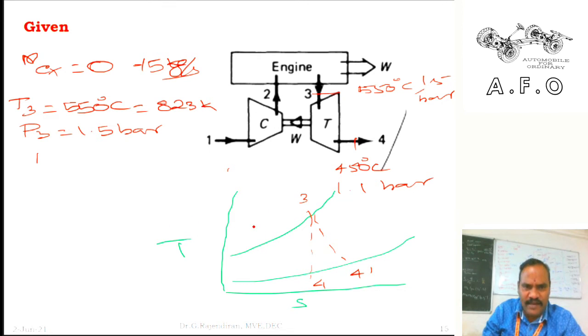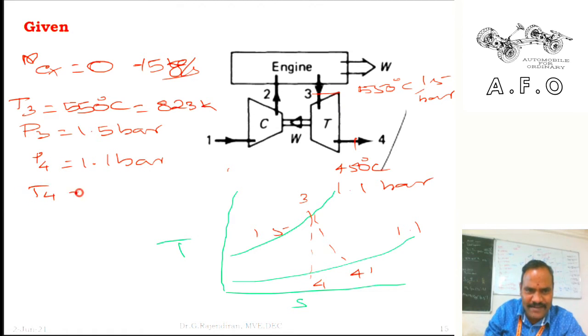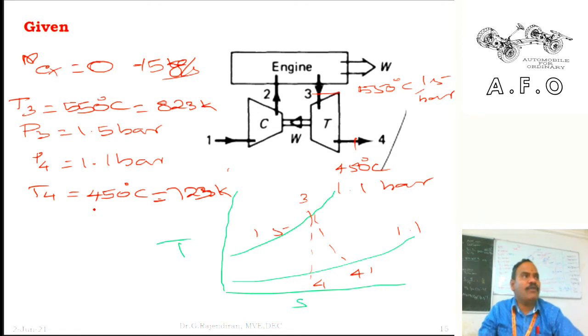This pressure line is 1.5, and this pressure line is 1.1. So P4 is equal to 1.1 bar and T4 dash is equal to 450 degrees centigrade, 723 Kelvin. Now the question is whether it is T4 or T4 dash at the outlet of the turbine. Because it is actual, it is T4 dash. Clear?